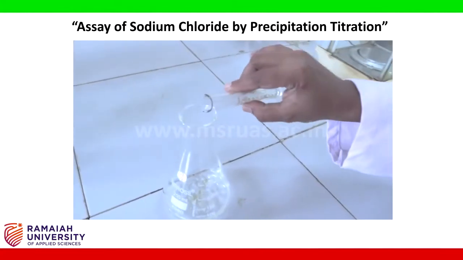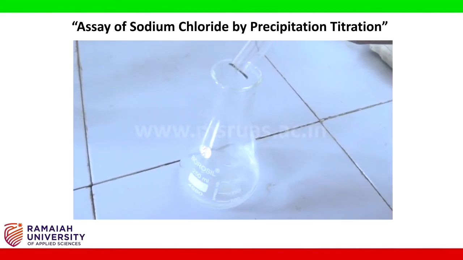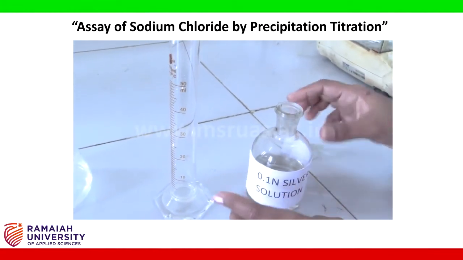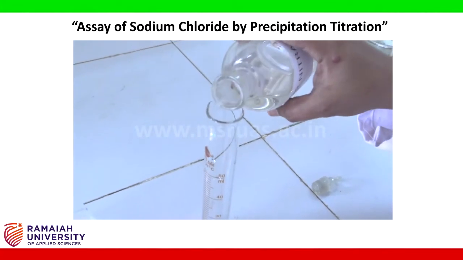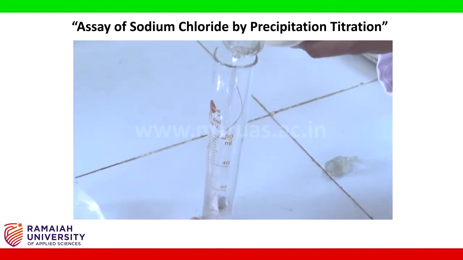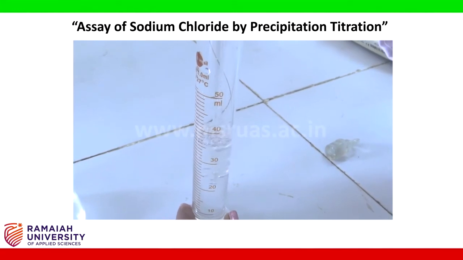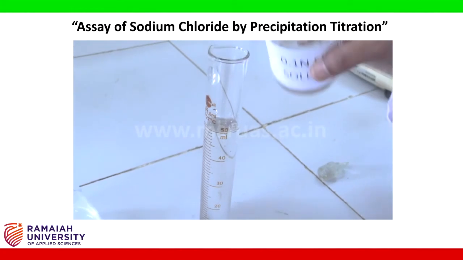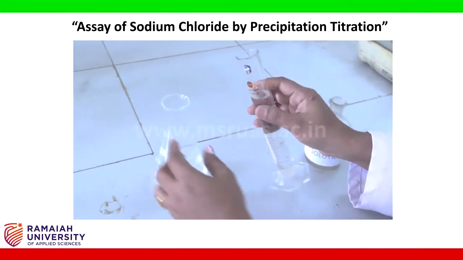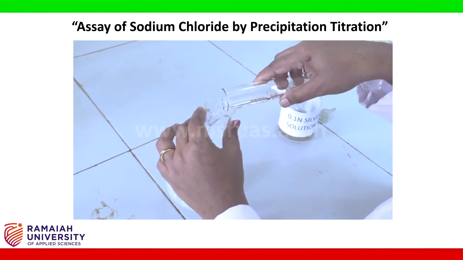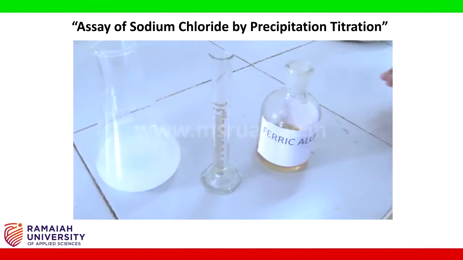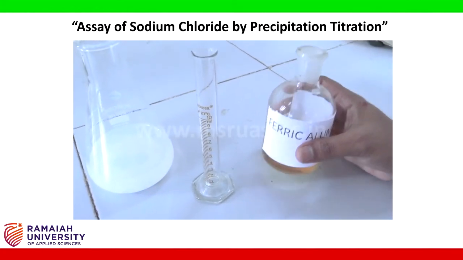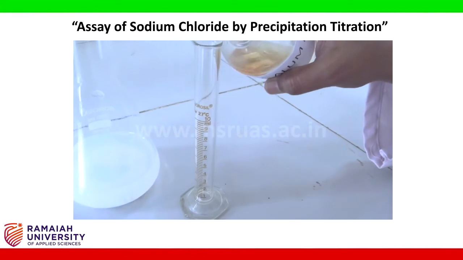Add 50 ml of 0.1 N silver nitrate solution using 50 ml measuring cylinder. After adding 50 ml of 0.1 N silver nitrate solution, add 2 ml of ferric alum indicator.